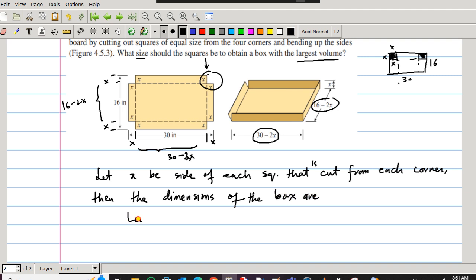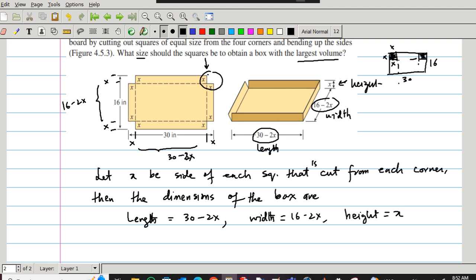The length is 30 minus 2x. The width will be 16 minus 2x. And the box will have a height as well. Height will be x, because you cut the x side here and bend it, so exactly the same x goes up. So the height is x. This is the height of the box. So these are the dimensions.